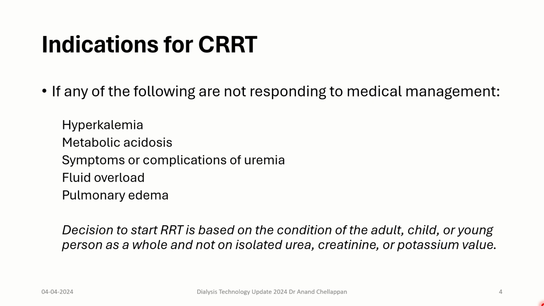Now, the decision to start CRRT is not based on an isolated value of urea, creatinine or electrolytes like potassium, but it is instead based on the condition of the patient, who can be an adult, child or even a young person, as a whole.